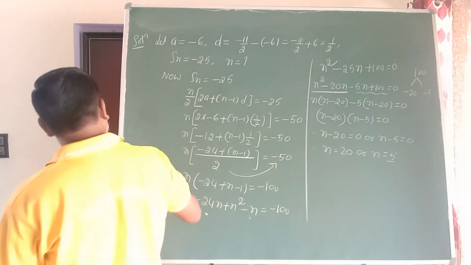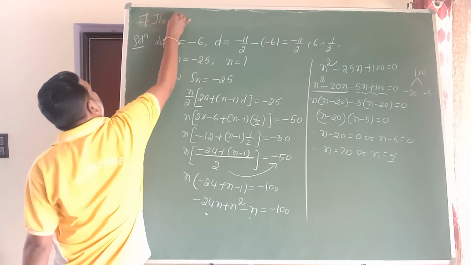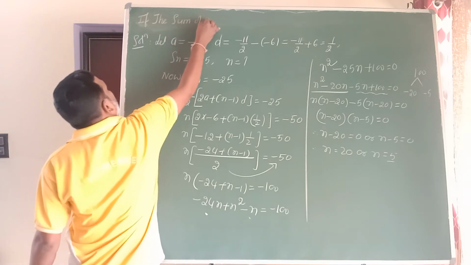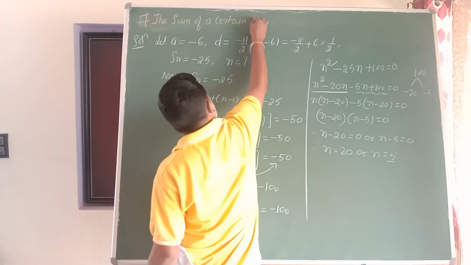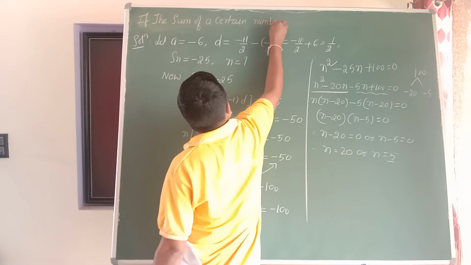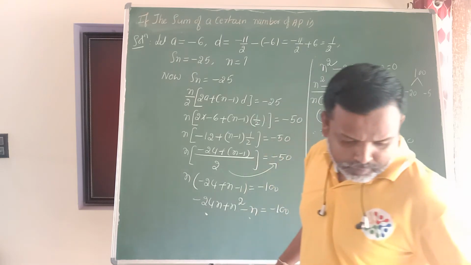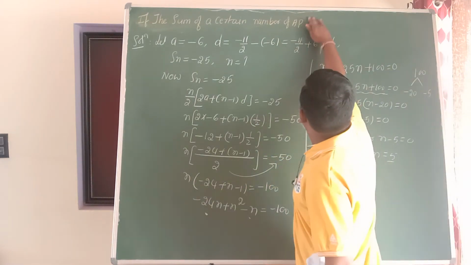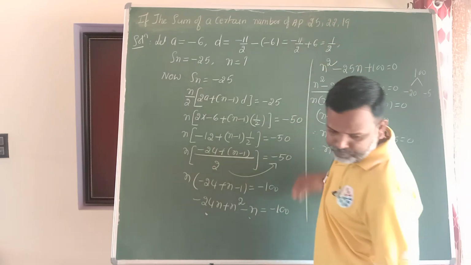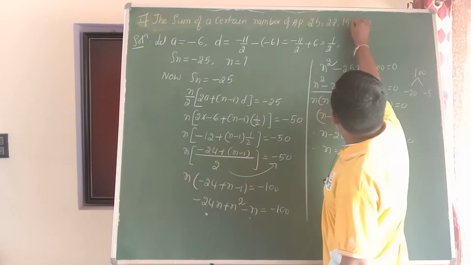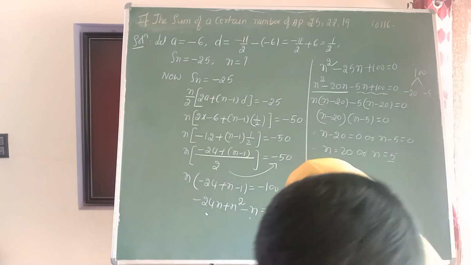If the sum of a certain number of terms of the AP 25, 22, 19 is 116, find the last term.